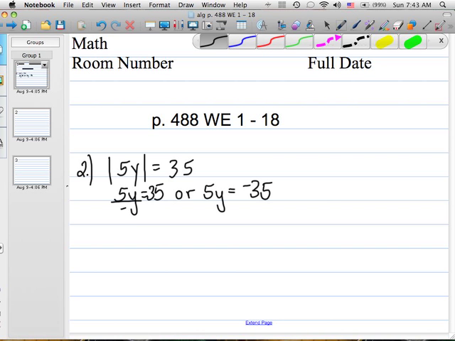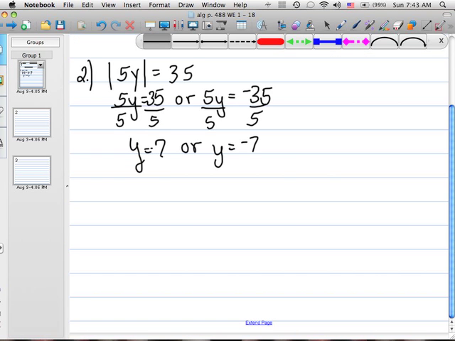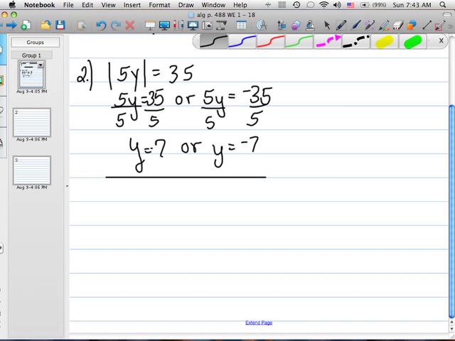Solving for y, divide by 5, y equals 7, or y equals negative 7. And you can check those both work. So graphing the solution, we have our bullhorns. Put a dot at negative 7 and 7, and make sure the word or is there.